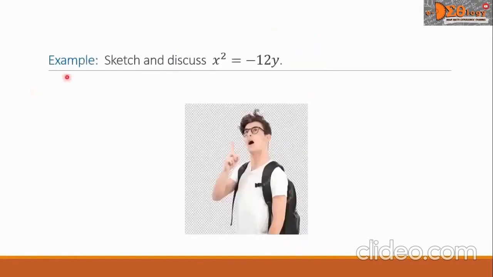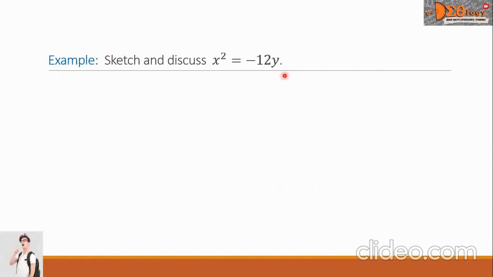Let us see this example. Sketch and discuss x squared equals negative 12y. For our solution, we can see that this equation falls under the pattern of our parabola with vertex at the origin and opens downward.